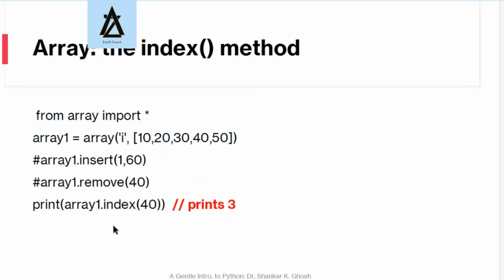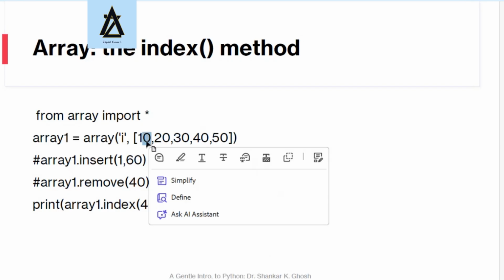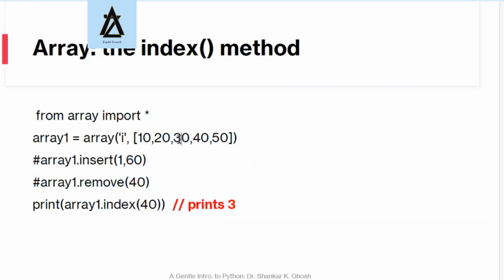And then see, there is one function, which is index. If you write array1.index(40), it tells you the index of the element in the array. For example, 10 is the 0th, then 20 is the first, second, then third. So the index will be 3.